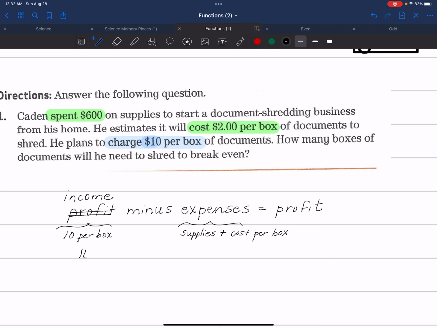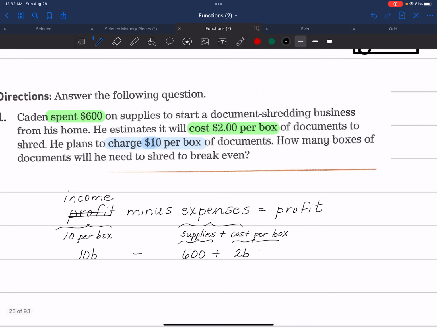So 10B minus those supplies were $600 plus $2 per box equals his profit.